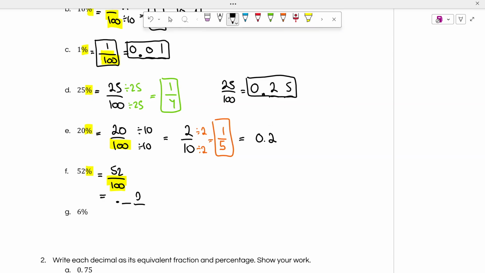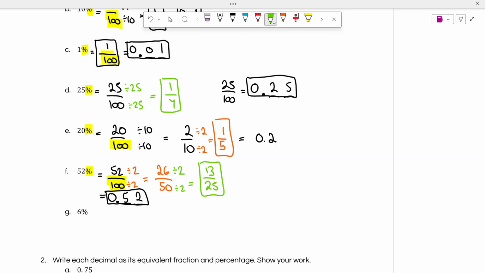For its decimal, we'll fill in our 2 and our 5, and the empty place gets a 0. So that's going to be my decimal here, 52 hundredths. And then for my fraction, I want to simplify that, so I'm going to divide both the even numbers by 2. 52 divided by 2 is 26, and 100 divided by 2 is 50. Those are still even, so I'm going to divide by 2 again, and that gives me 13 over 25.